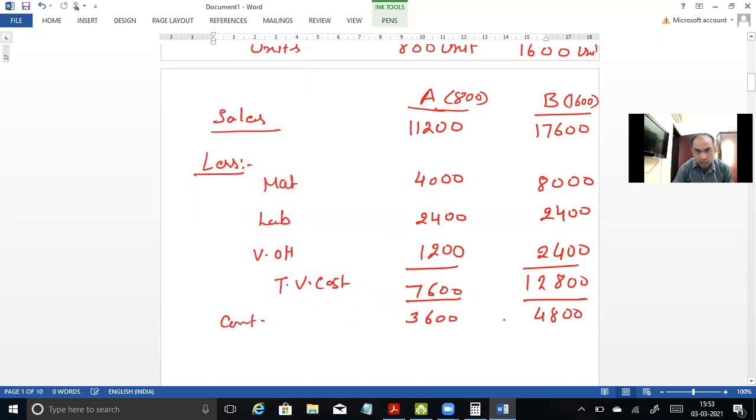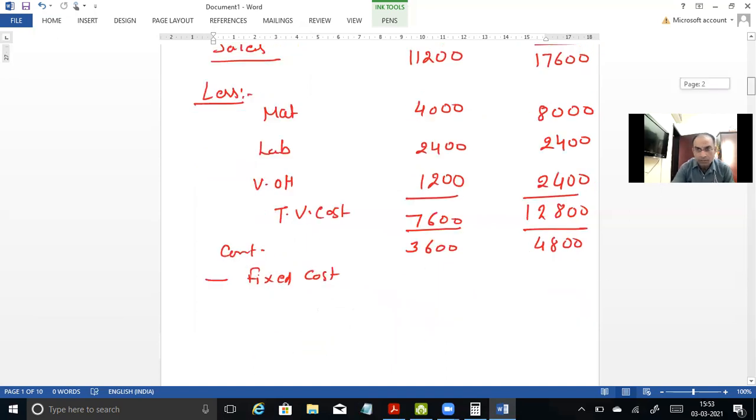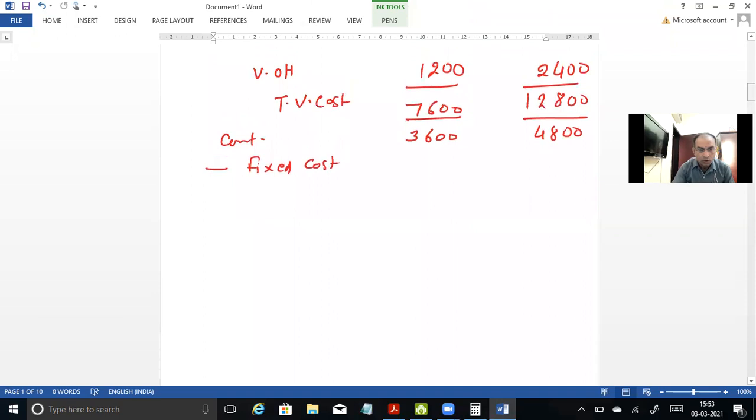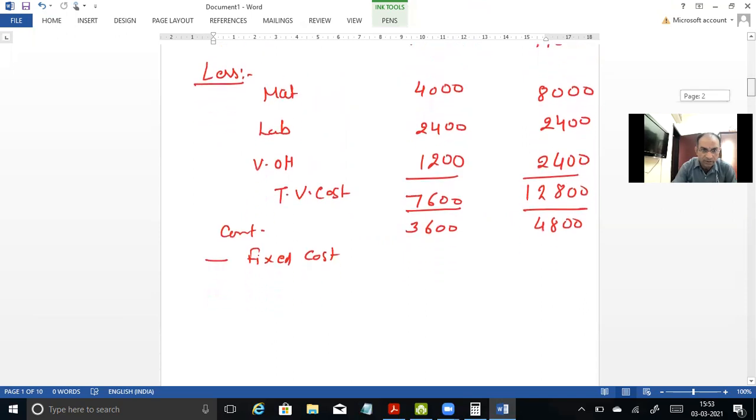Now to calculate our profit, we have to subtract the fixed cost. So they have given us that fixed cost is 50% of labor. So let us check how much is the labor. Labor is 2,400 and 2,400.